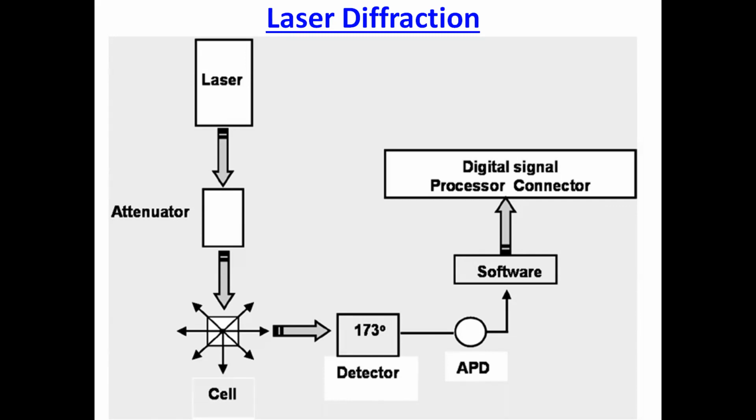That will be very useful, and it will capture the images, and those will go to the amplifier, which will amplify those signals. Then the signal will be processed by software, and you will get the final results. This 173 will vary in some other instruments from another manufacturer, but generally it remains between 171 and 174 degrees.